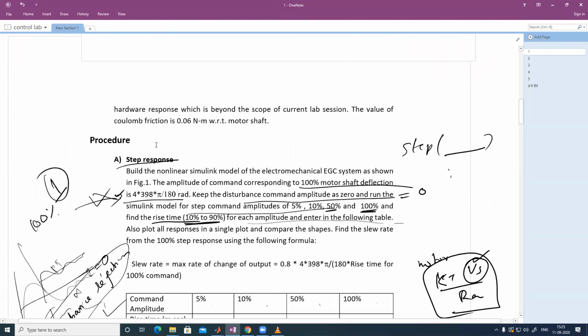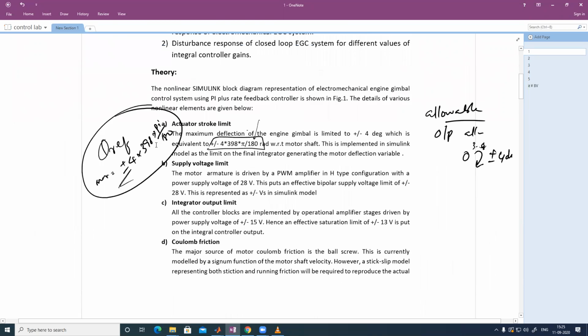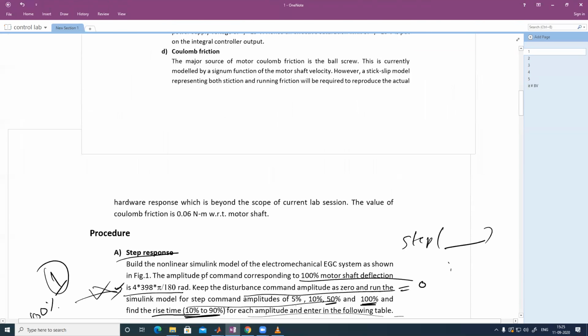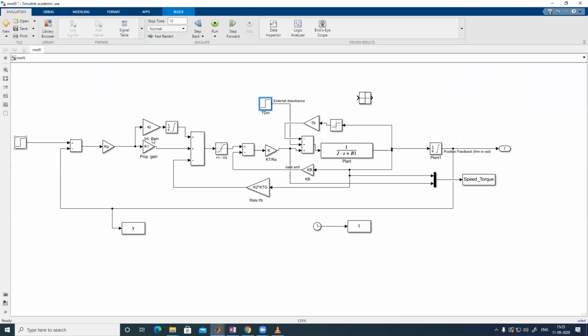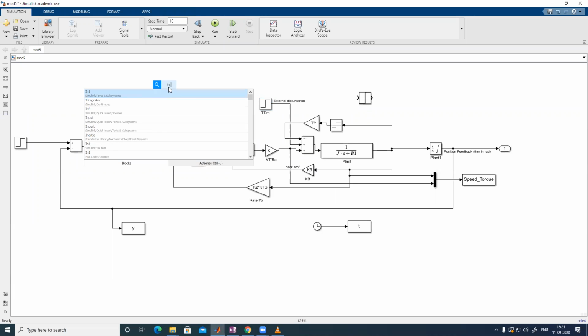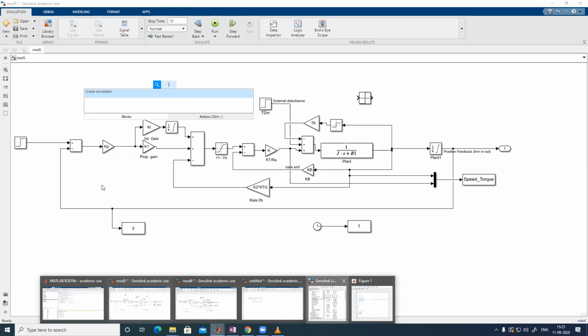And model number 5, the PDF I sent you, that one only you have to do. The changes are from the previous lab session. Here the PI and the rate feedback will be like this, and the K2 into KTG stays as it is, and you have to insert a limited integrator here. The limited integrator is available in the continuous block.